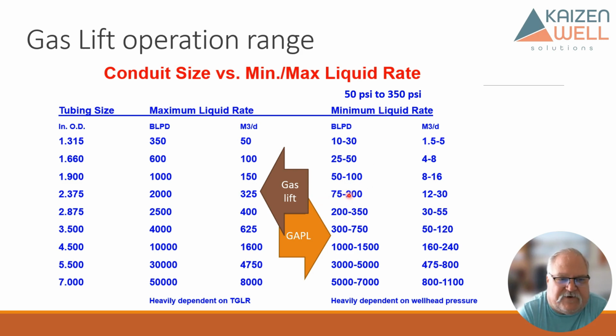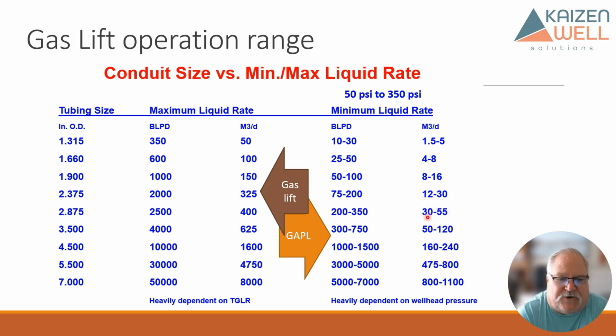Once you're below that volume, we need to start adding more and more gas to lift it. By putting Gapple in there, that reduces the amount of gas we need. Here's 2 7/8: 2,500 maximum, 200 to 350 barrels per day, or 30 to 55 cubes per day.